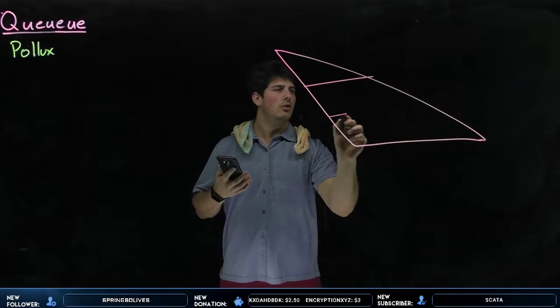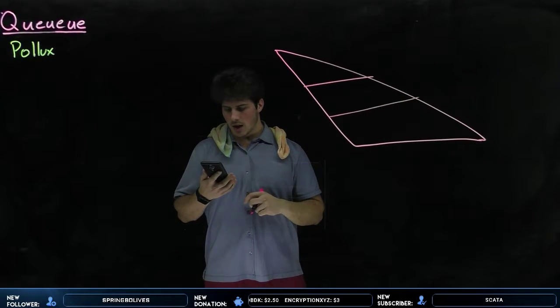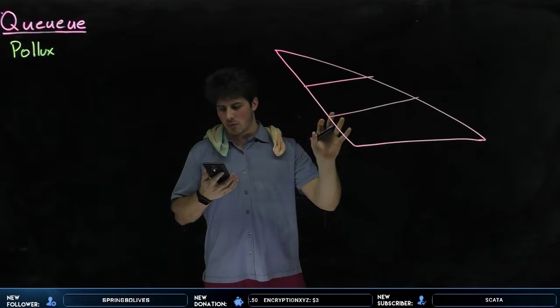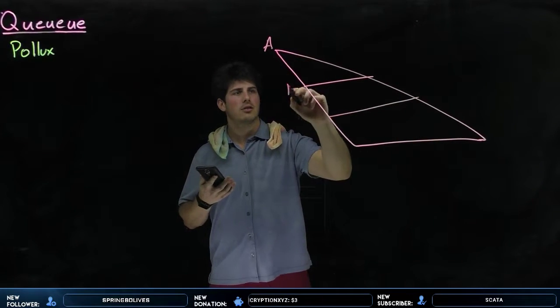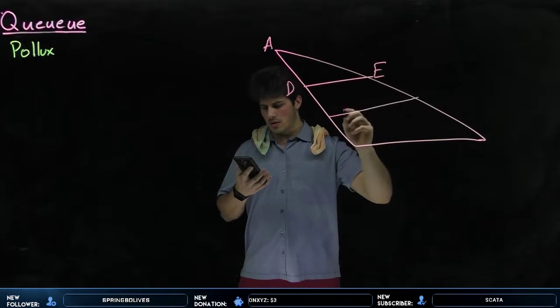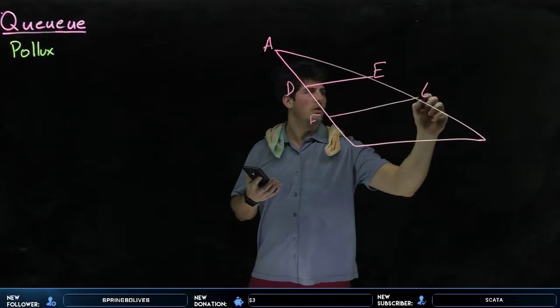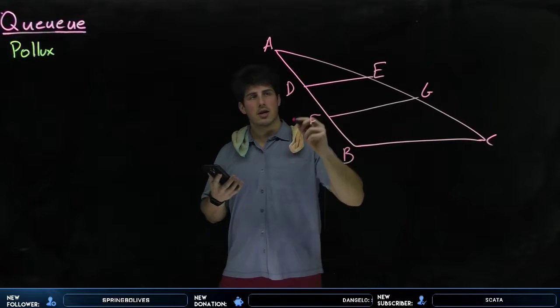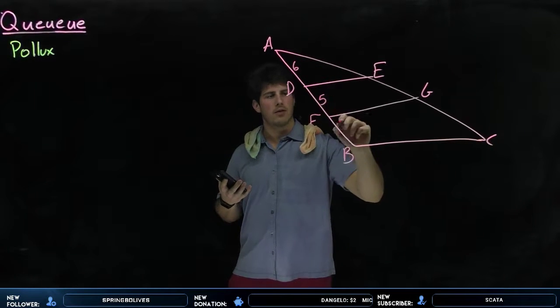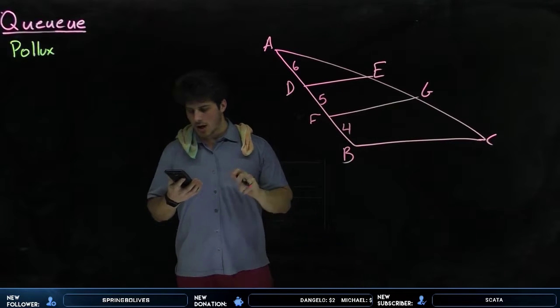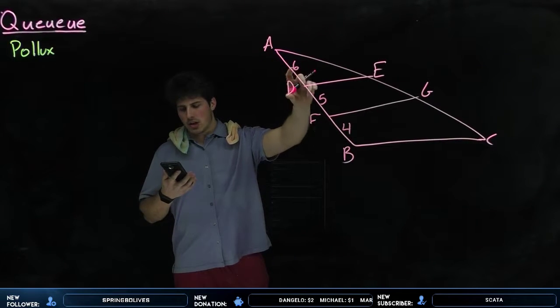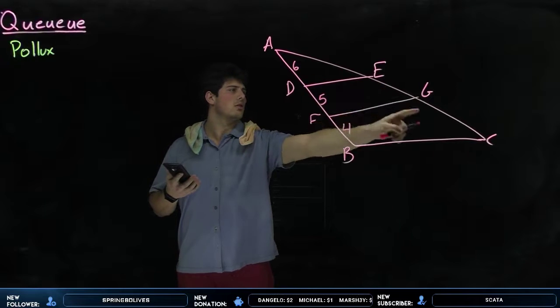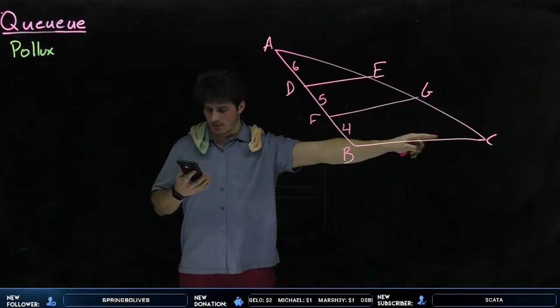Boom. Now, what they say is that in the figure shown below, we have A, D, E, F, G, B, C. 6, 5, 4. All right. E and G lie on line AC.